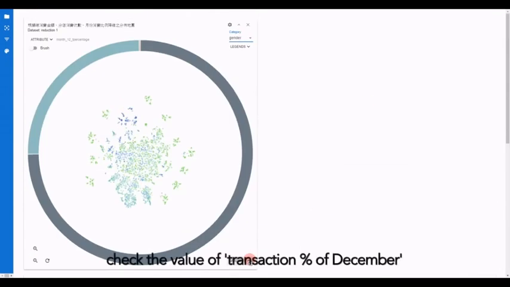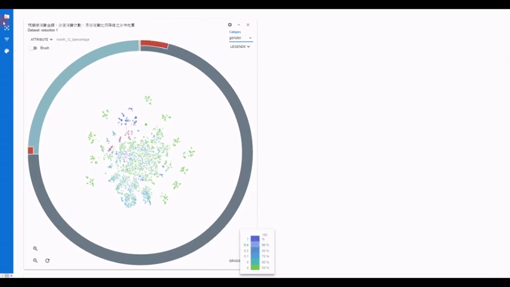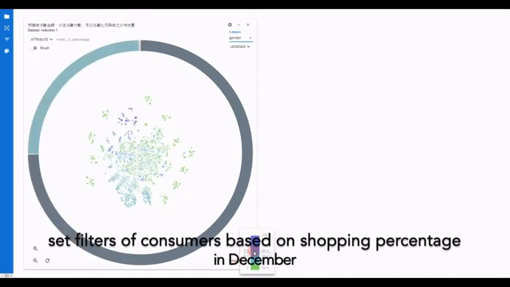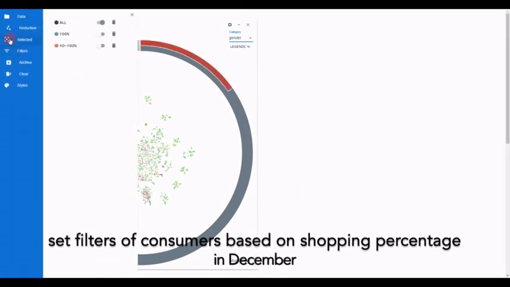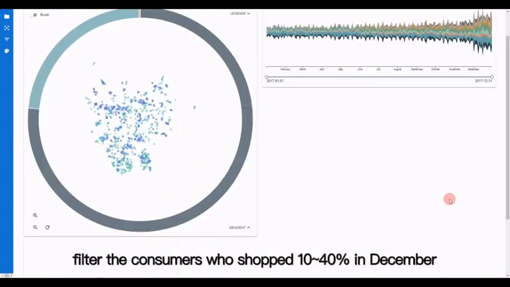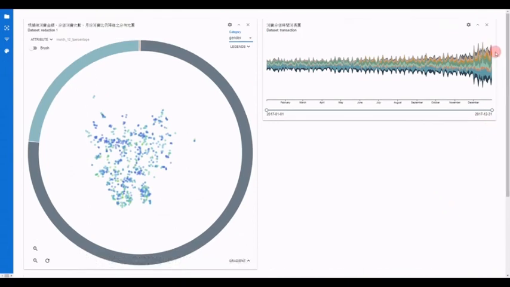Check the value of transaction percentage of December. Set filters of consumers based on shopping percentage in December. Filter the consumers who shopped 10 to 40% in December.